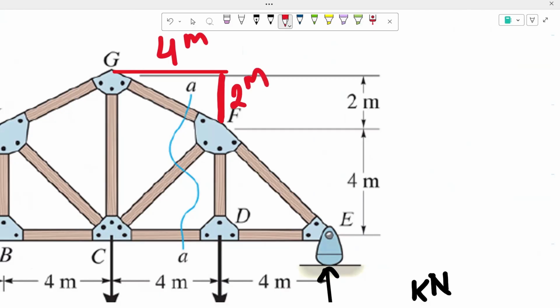Because we know that, we would be able to use the Pythagorean theorem, a squared plus b squared is equal to c squared, to solve for our hypotenuse side. If we were to do that, we could simplify this down, and we know that this triangle has a slope of 1, 2, square root of 5.